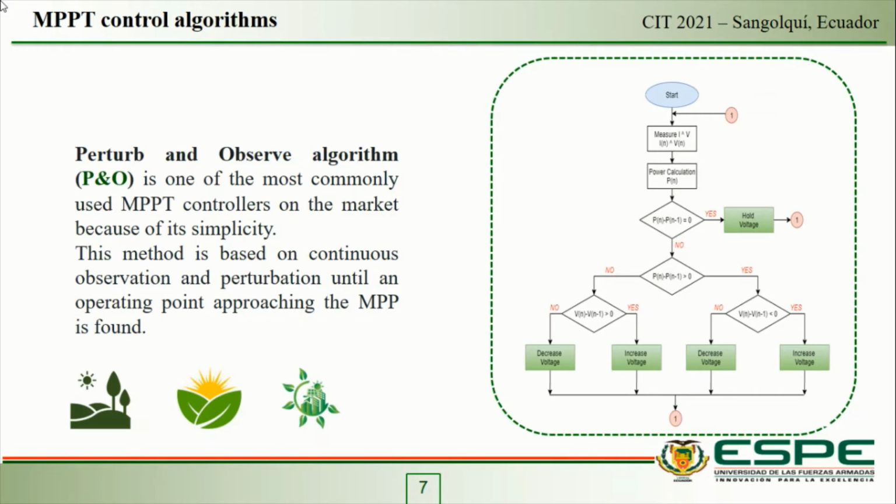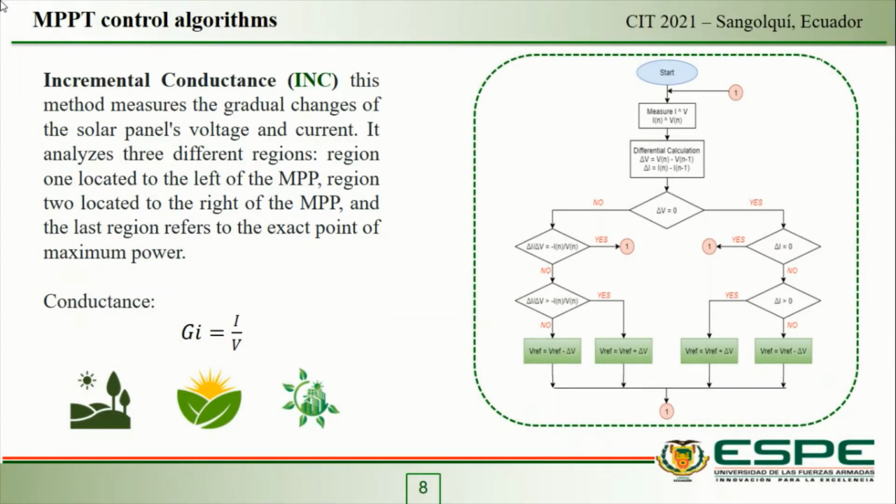Incremental conductance, INC. This method measures the gradual change of the solar panel's voltage and current. It analyzes three different regions: Region 1 located to the left of the MPP, Region 2 located to the right of the MPP, and the last region refers to the exact point of the maximum power.